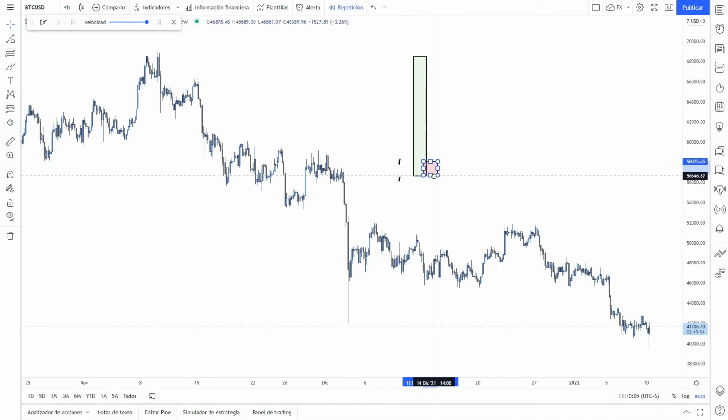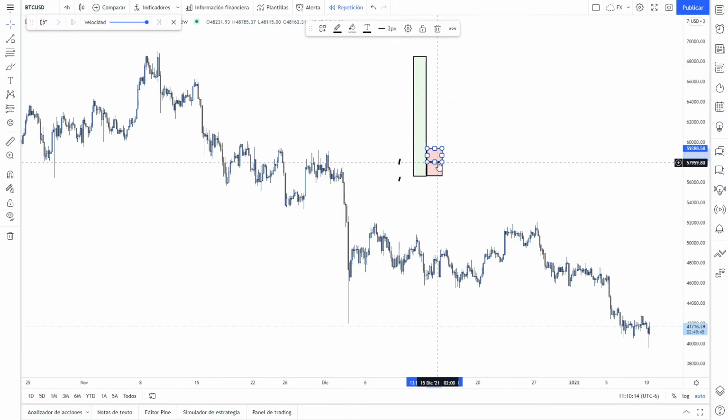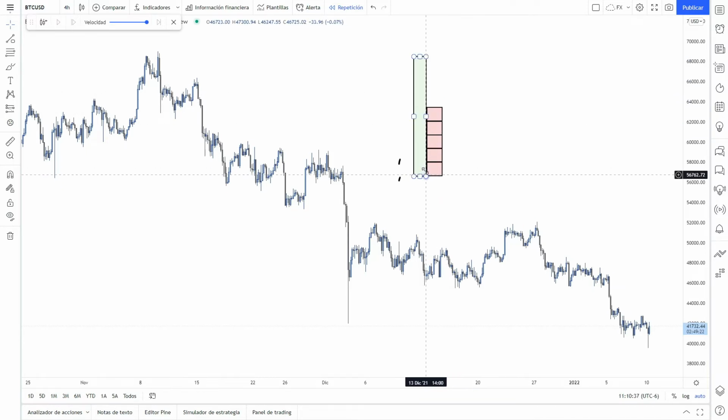For instance, this candle fits here and there, 2 times. That's good enough. If it fits more than 2 times, that's much, much better. As you see, the base of the candle in this movement fits 5 times, around 8 or 9 times in the movement.